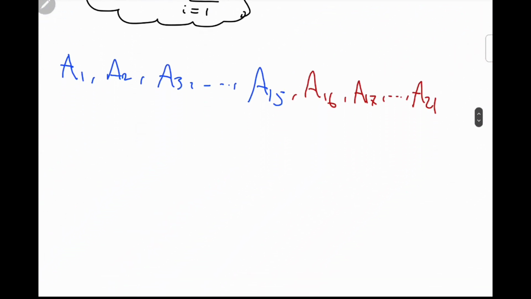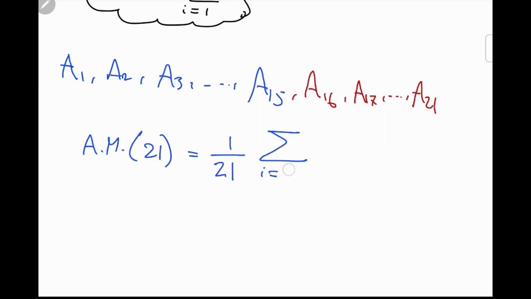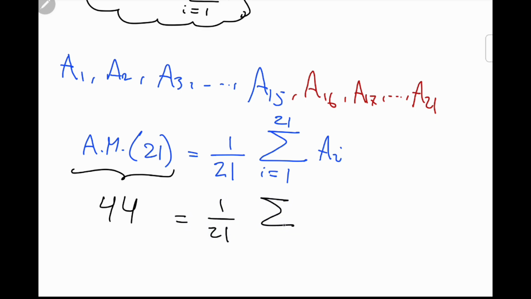So according to this given, we have that the average mean of the 21 teachers is equal to 1 over 21 sum I equal to 1 to 21 of AI. The arithmetic mean is 44 as given, equal to 1 over 21 times the sum of I equal to 1 to 21 of AI.